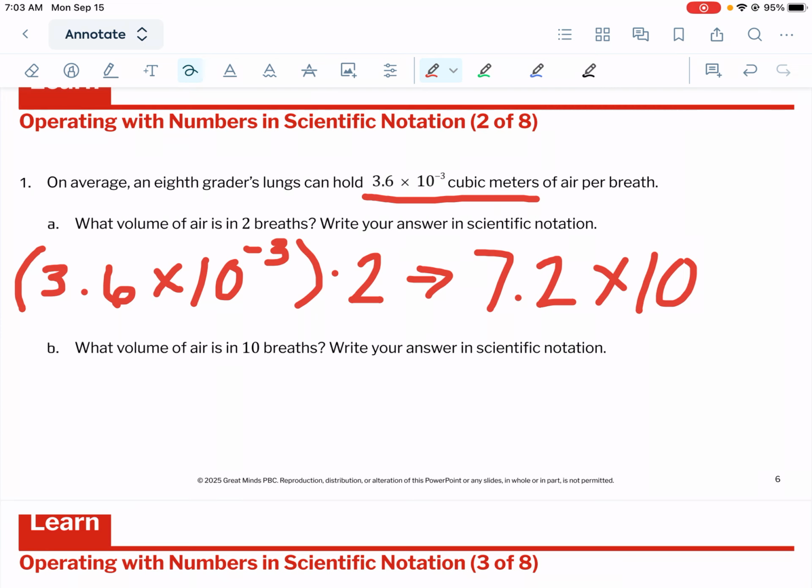I'm just verifying here. Making sure I got my math straight. We're going to multiply that 10 to the negative third by 2. That'll give us 10 to the negative 6.